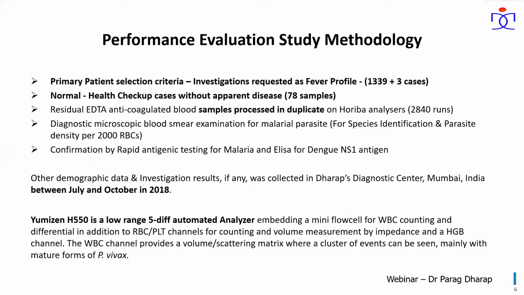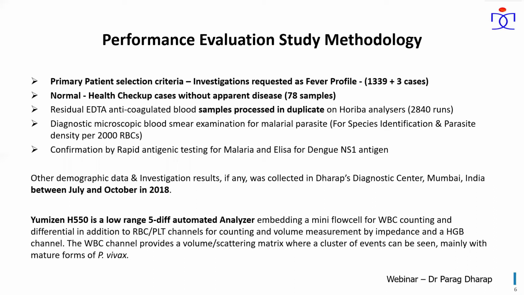The normal, apparently healthy individuals were chosen from cases who had visited the laboratory for routine health checkups. All the residual EDTA anticoagulated blood samples were processed in duplicates on the HORIBA analyzer, yielding 2,840 runs.